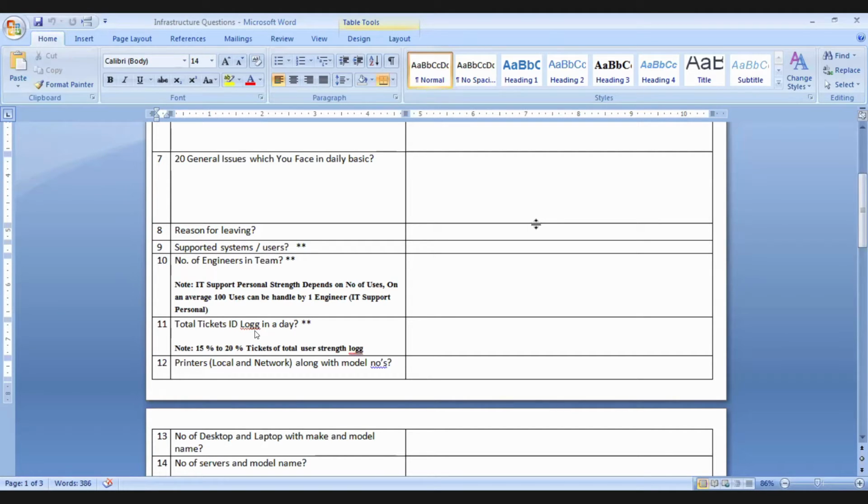They log the issue in the service desk tool and generate the tickets, and based on that they provide the first level solution. If they are unable to provide the solution, they forward the tickets to the site engineers, and based on that, the site engineers reach the user's desk.